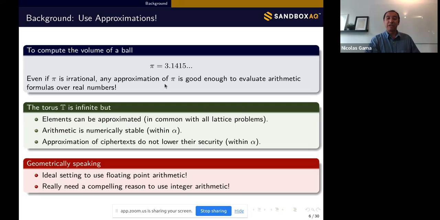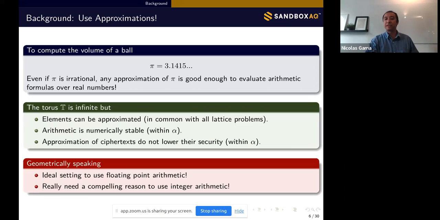The fact that pi, for example, is an irrational number is actually not scary. Once we have the formula, we can take any approximation of pi, like 3.14, 3.14159, or the double precision version of pi, that is another approximation, or a continued fraction. And the beautiful thing is that once I have a formula to evaluate, it doesn't matter which approximation of pi I'm using. I will always end up with the right result.